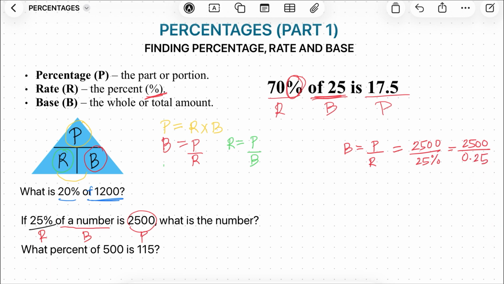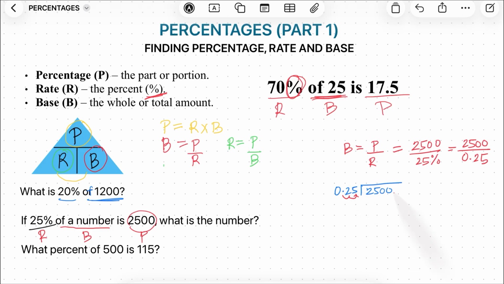If you are going to divide by decimals, your main goal here is to make the divisor a whole number. So this is 2,500 divided by 0.25. Let's make 0.25 a whole number by moving the point 2 times to the right. So this becomes 25.